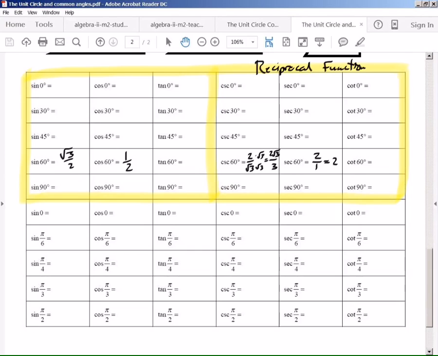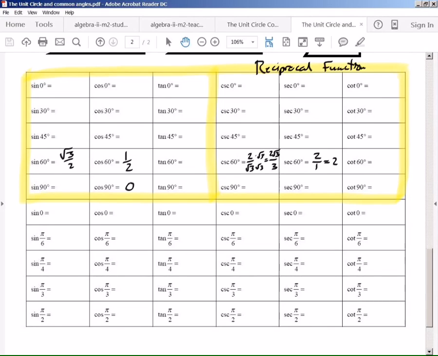All right, now there's one more thing I want to talk about before I let you guys finish filling out your chart, and that is cosine of 90 degrees. You guys know what cosine of 90 degrees is, right? What is cosine of 90 degrees? 0. Okay, so if I was trying to find secant of 90 degrees, I would have to take the reciprocal of 0.